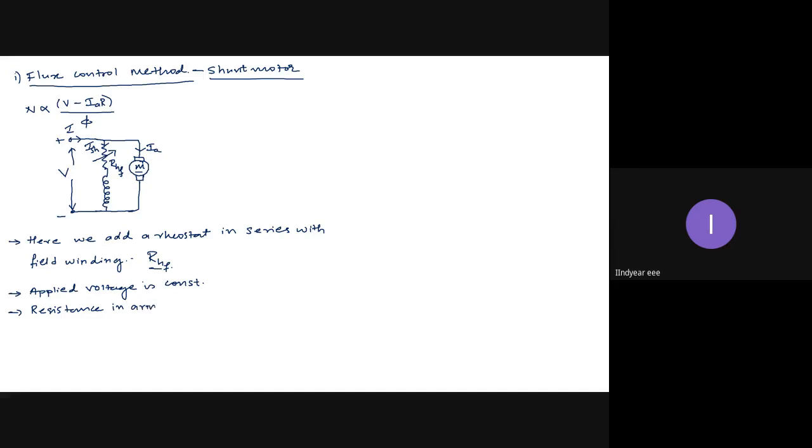Therefore V minus IA R will remain constant. Hence, my speed is inversely proportional to flux. And my flux is directly proportional to ISH, the shunt current. Therefore, my speed is inversely proportional to ISH.